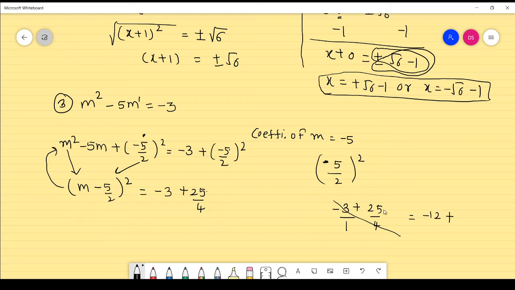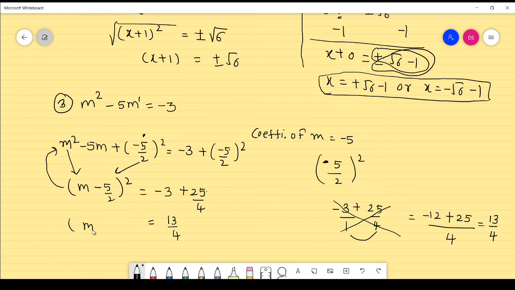Now plus sign, because the sign is plus in between two fractions, right. Then 1 into 25, 25 ones are 25, divided by 1 times 4, that is 4. Now 25 minus 12 is plus 13, right, divided by 4. Now we got plus 13 by 4 on this particular side.